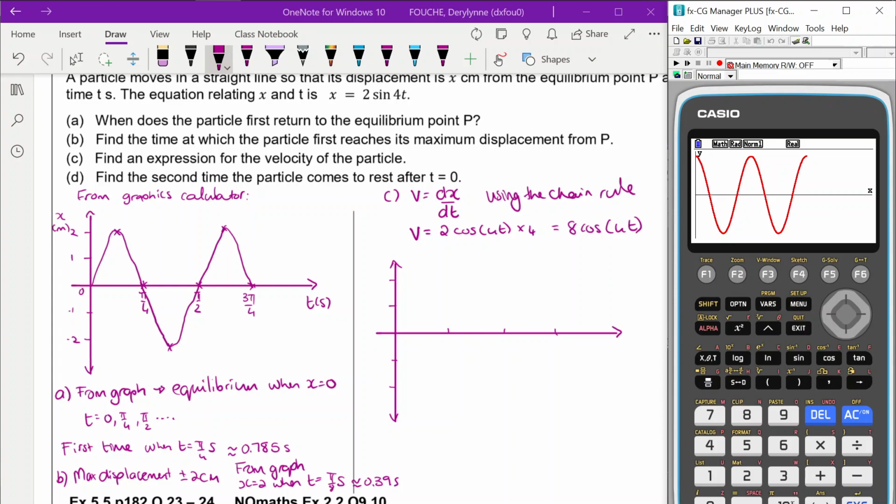Our amplitude again is 2, and we can double check that by looking at what our maxes are. Oh, sorry, not 2, 8. And we can see our maximum is at 8. So I'm going to write in 4 and 8, and our minimum is going to be at negative 8. And our times when it crosses the x-axis are going to be at pi on 8.